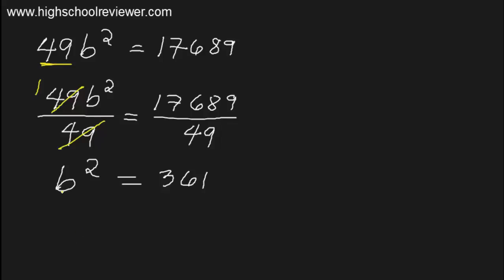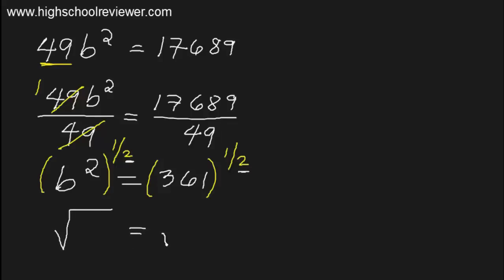To extract the square root, first we need to raise both sides of the equation to 1/2. Since the denominator of the exponent is 2, this will be the square root. The square root on the left, and the same is true on the right side.